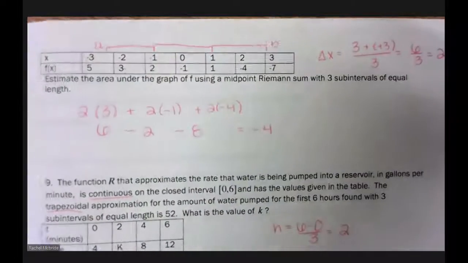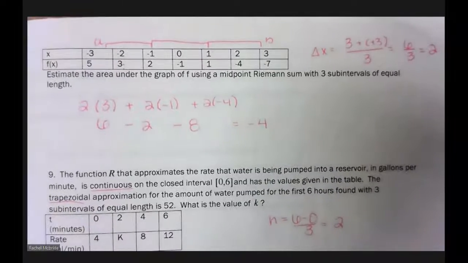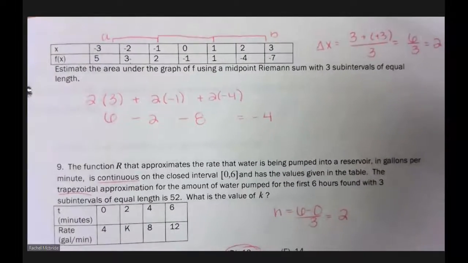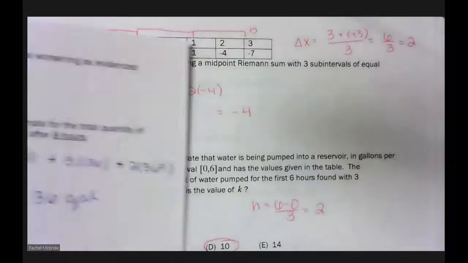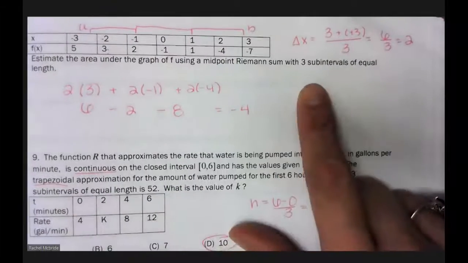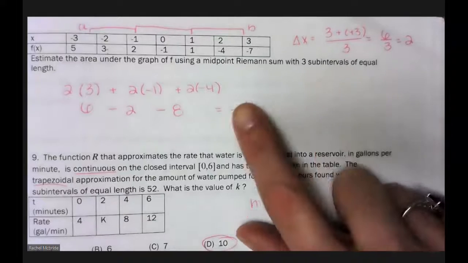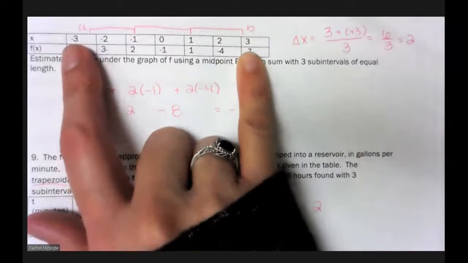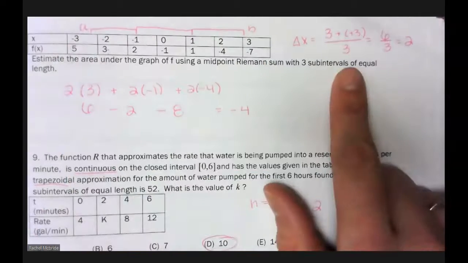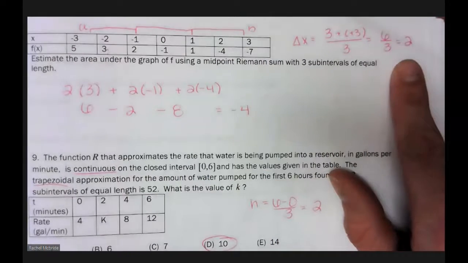So for number 8, that was kind of like the different interval setup. In number 8, they specified that you needed to have a set of 3 sub-intervals of equal length. So your total distance was 6, and 3 sub-intervals made them sets of 2.